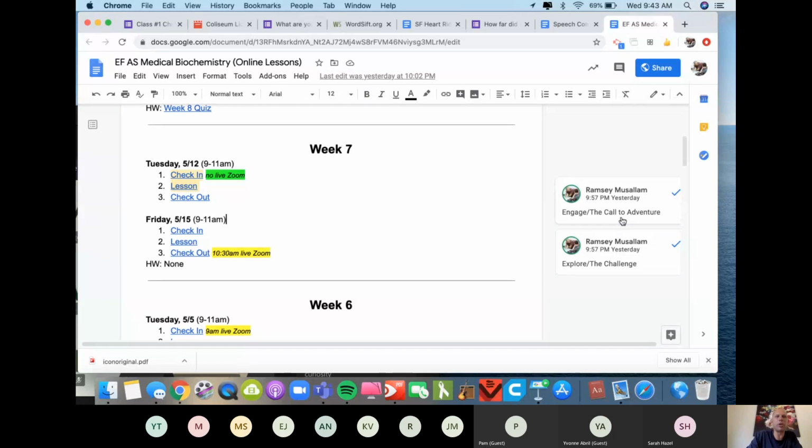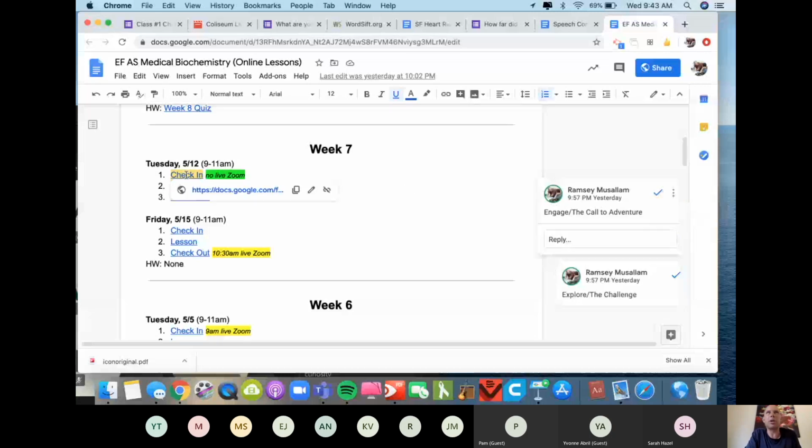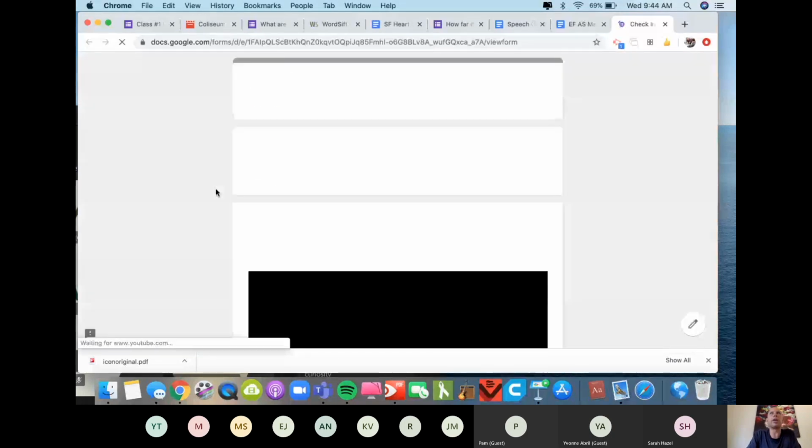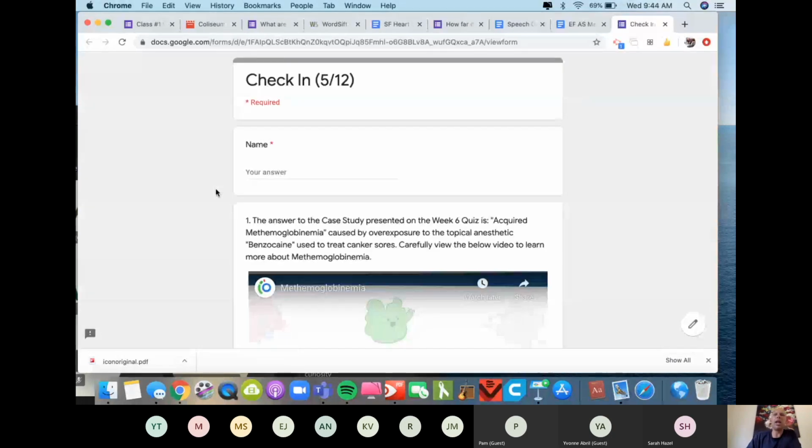In this example, this is a lesson in my biochemistry class about colorimetry, or Beer's law, spectrophotometry. They click on this link, and I used Google Forms for everything. They would fill out this Google form and tell me their name.